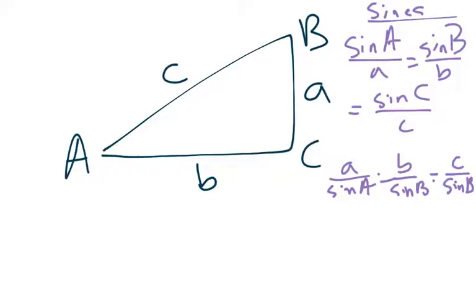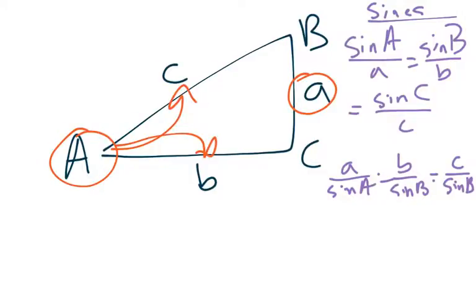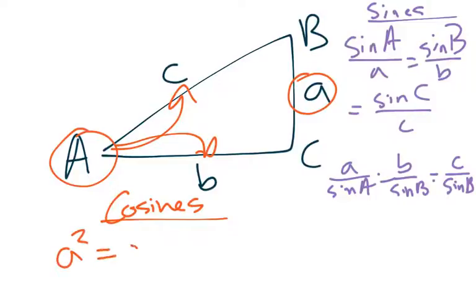Law of cosines, remember, connects an angle opposite the side when we don't have one of them, but we have the two sides adjacent to that angle. That's the law of cosines, and it looks like this. We say that side opposite squared is equal to the adjacent sides squared minus 2 times the adjacent sides times the cosine of that opposite angle.